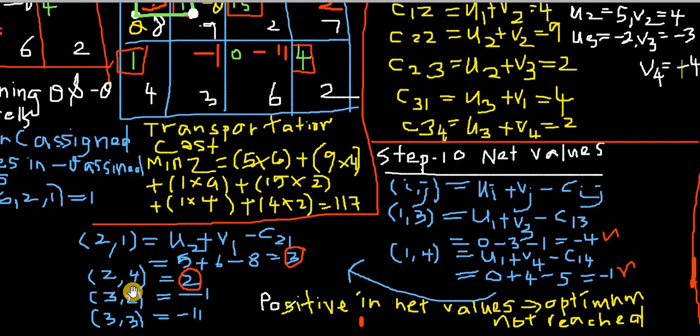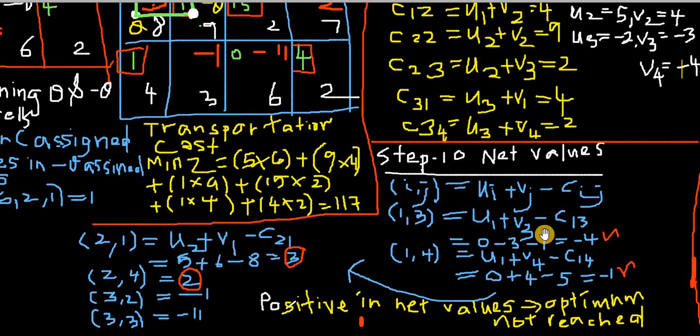You simplify by substituting the values, u2 plus v4 minus c24, and you will get 2. Similarly, 3,2 is equal to u3 plus v2 minus c32, you will get minus 1. Last, 3,3. The formula is u3 plus v3 minus c33. Substitute, you will get minus 11.